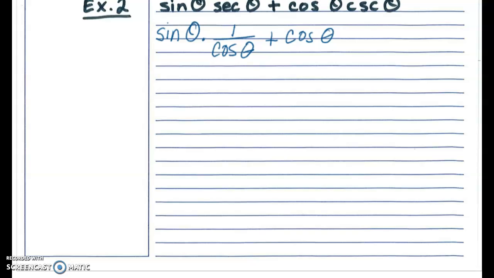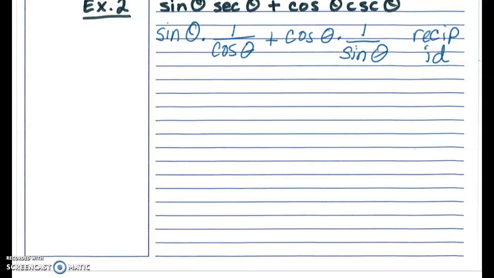Do we see anything about cosecant? I see it's 1 over sine. I'm just getting these from my reciprocal identities. And again, I'm going to write the reasons over here for today so we can make sure we know why. A first good strategy: change anything and everything you can to sine or cosine.